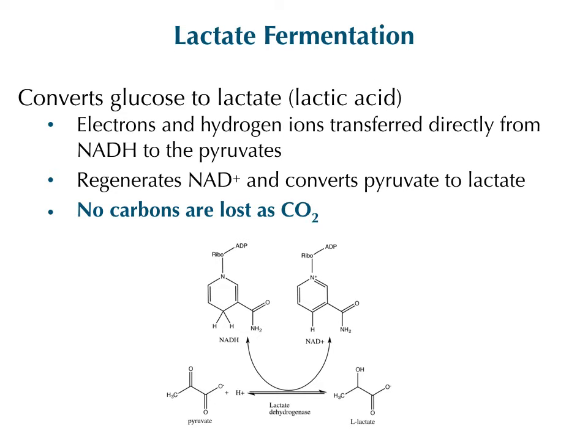Now, normally for us, we don't undergo alcoholic fermentation. We undergo lactate fermentation. So for our situation, we convert our glucose first to the pyruvate and then to lactate. Okay, so here the electrons and hydrogen ions are transferred directly from the reduced coenzyme NADH to the pyruvate.